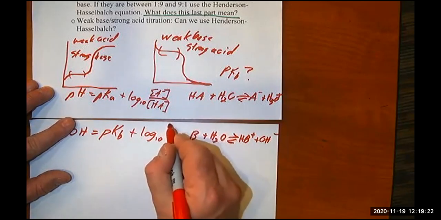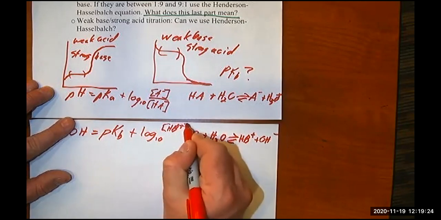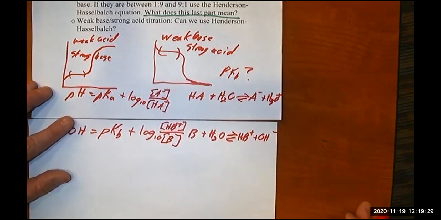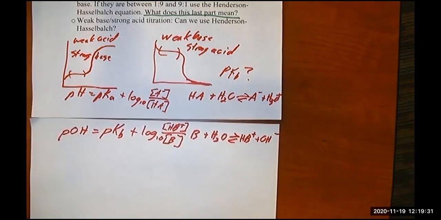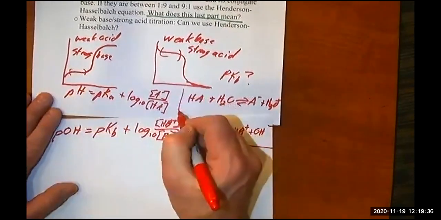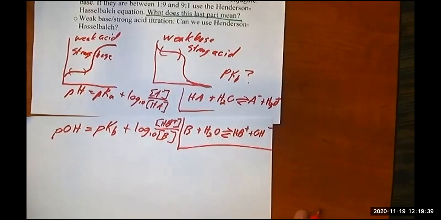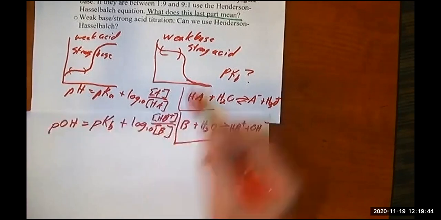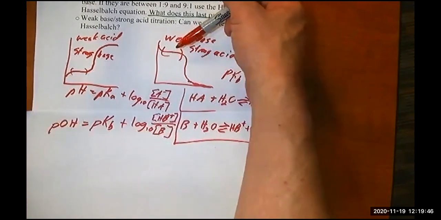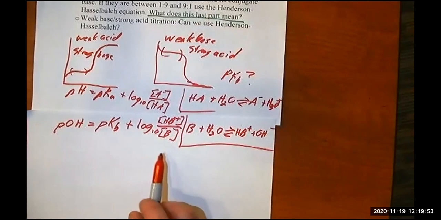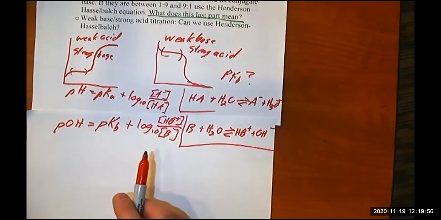So this is going to be HB plus over B. And so once you do this, everything works just like you're used to. So if you're doing a calculation for a weak base, strong acid titration in the buffer region here, then you use the base version of the Henderson-Hasselbalch equation right here.